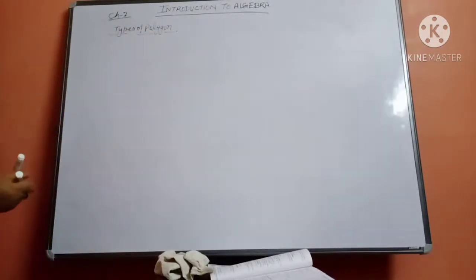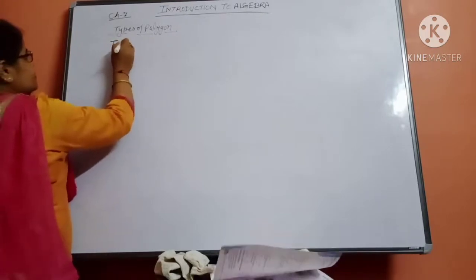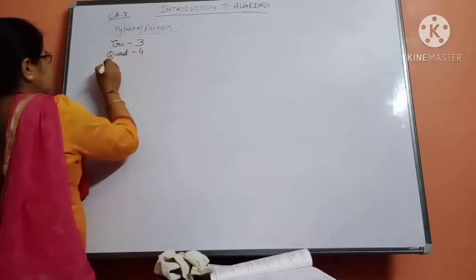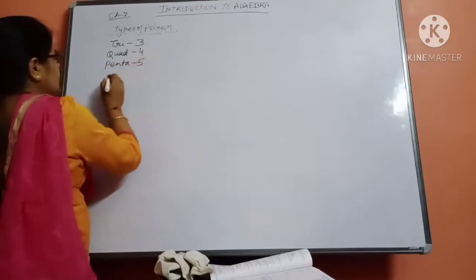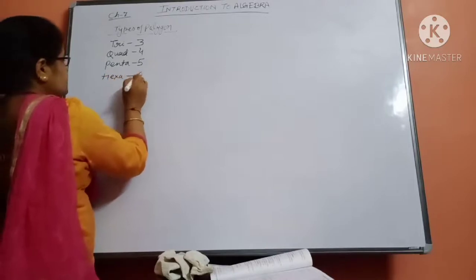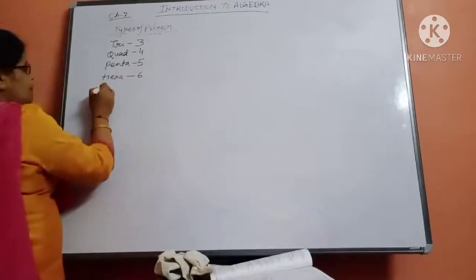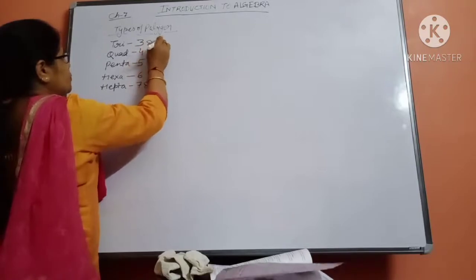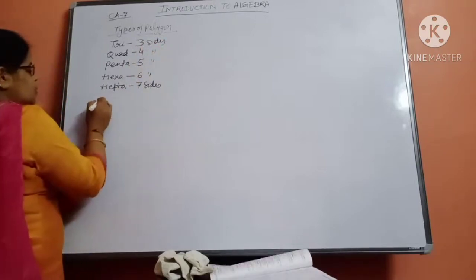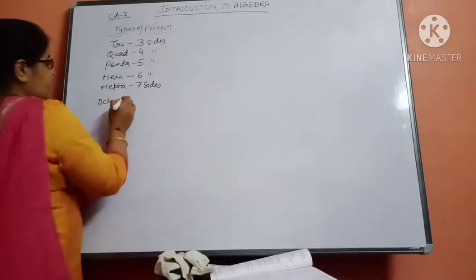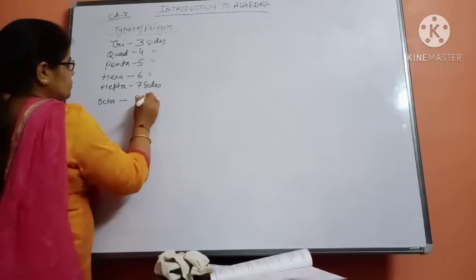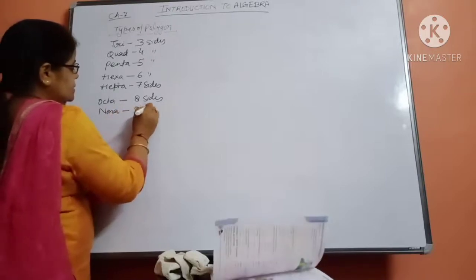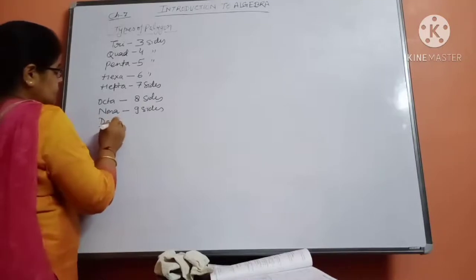Here in this question, tri means 3, quadrilateral means 4 sides, penta means 5, hexa means 6 sides, then hepta means 7 sides, octa means 8 sides, nona means 9 sides, and deca means 10 sides.